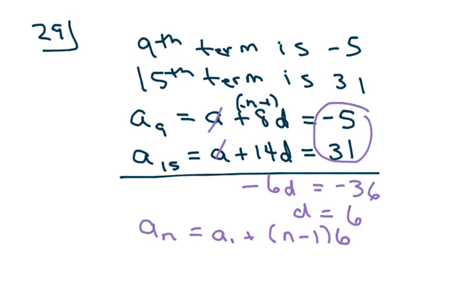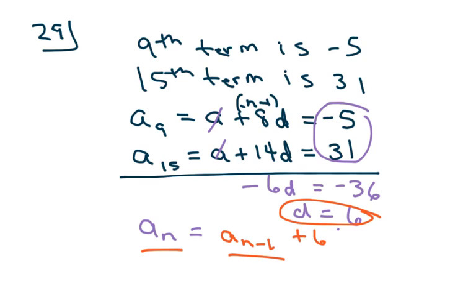And we have to do the recursive formula, sorry. So it's going to be a sub n equals the previous term plus your 6. Because if the common difference is 6, you're just adding 6. So this is your previous term and this is your current term. So it's pretty easy. Now we have to find the nth term. So the nth term is a sub n equals a, that's your first term, plus n minus 1 times d.